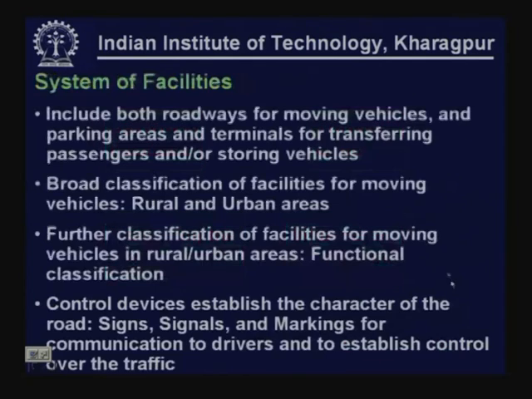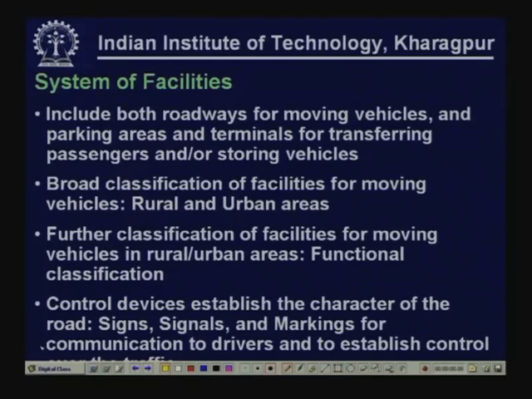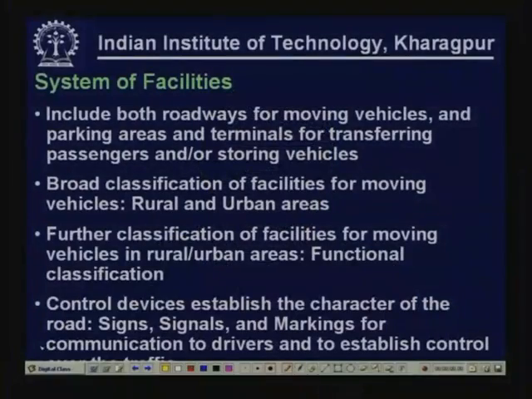First, the system of facilities. The system of facilities normally includes the physical road system. It is essentially the supply side of a transportation system. It includes roads which are used for moving vehicles, parking areas, terminals and all other physical facilities, and it also includes the control devices present on roads, for example signs, signals and markings.